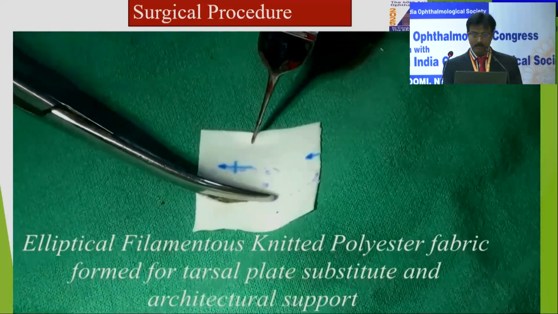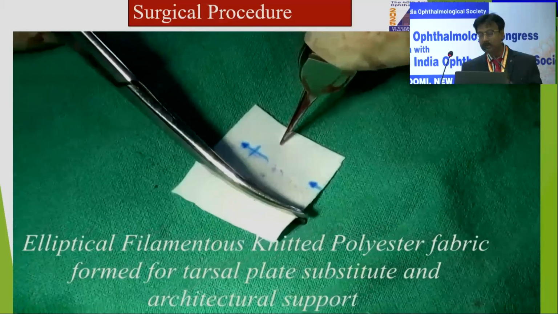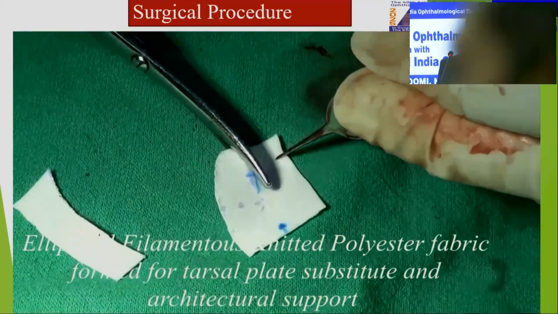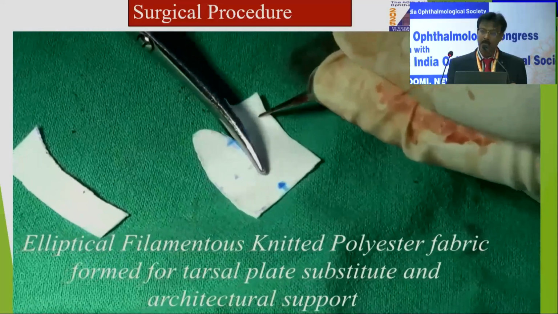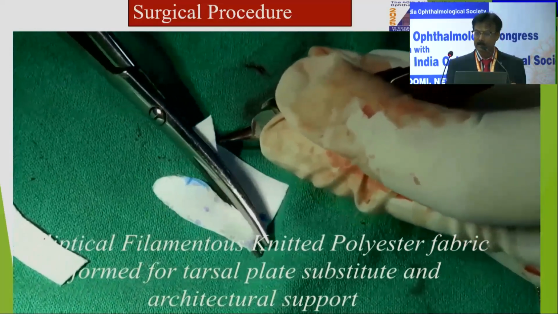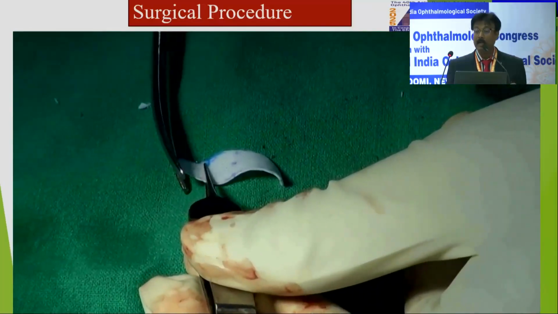Advancement flap for the lower lid, and the posterior lamina of both eyelids are joined to become the posterior lamina bay. Now this is a filamentous knitted polyester fabric used as a tarsal plate replacement. The specification of this fabric is 28 millimeter length, 6 millimeter central width, 0.6 millimeter thickness, and multiple holes.